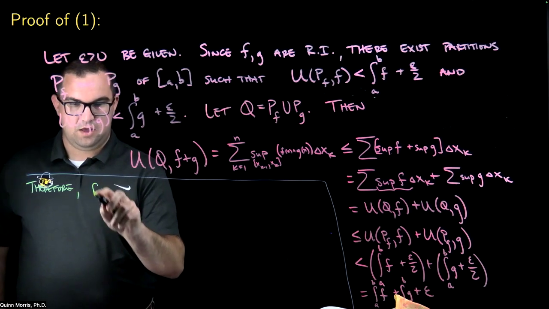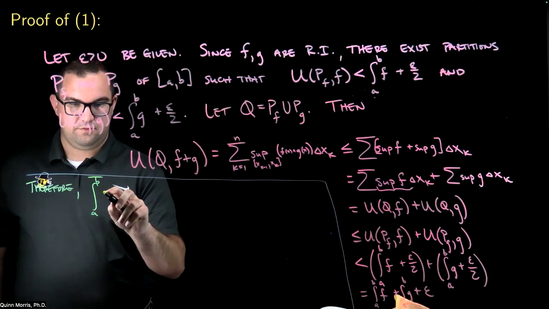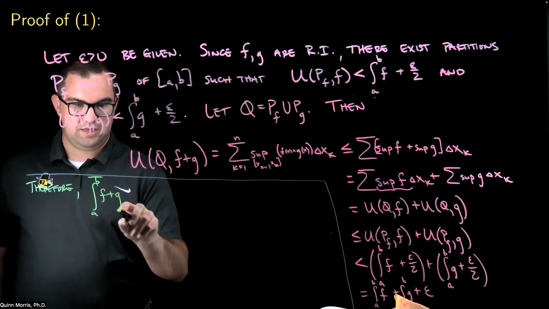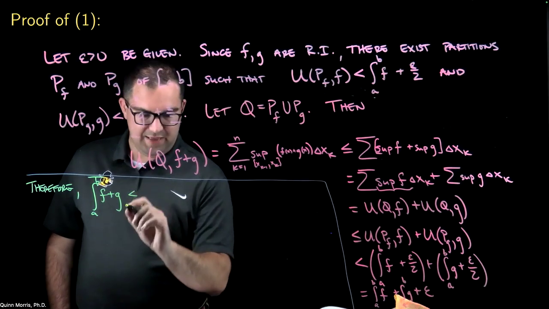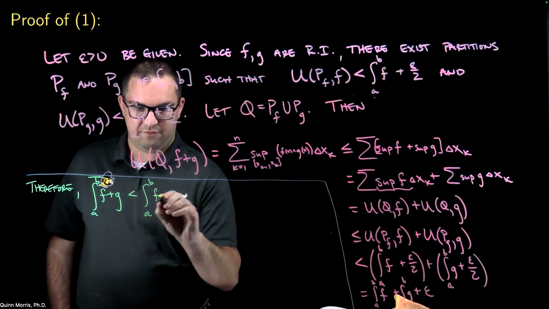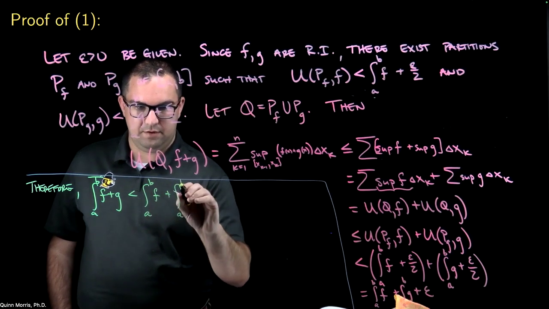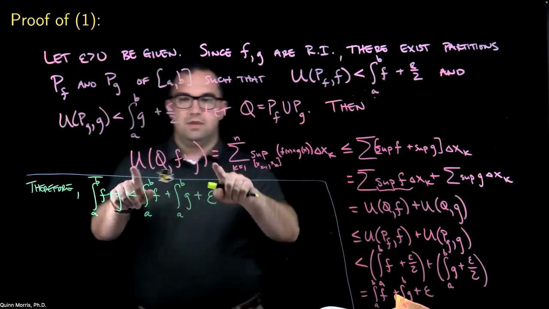if I look at the upper integral from a to b of f plus g, right, this has to be less than the integral from a to b of f plus the integral from a to b of g plus epsilon. Now, why is that the case?